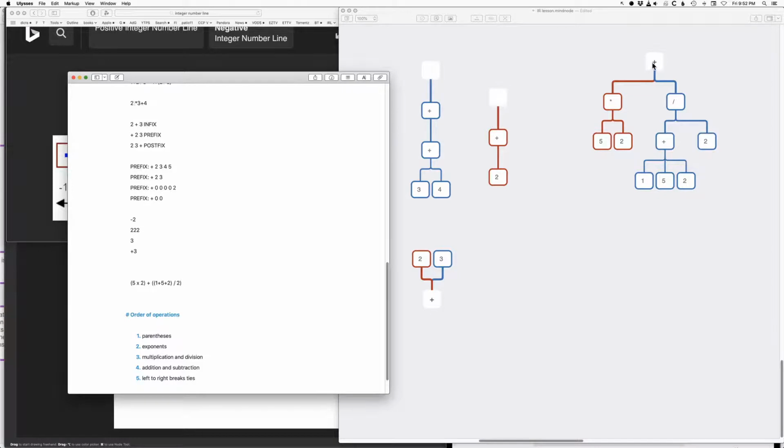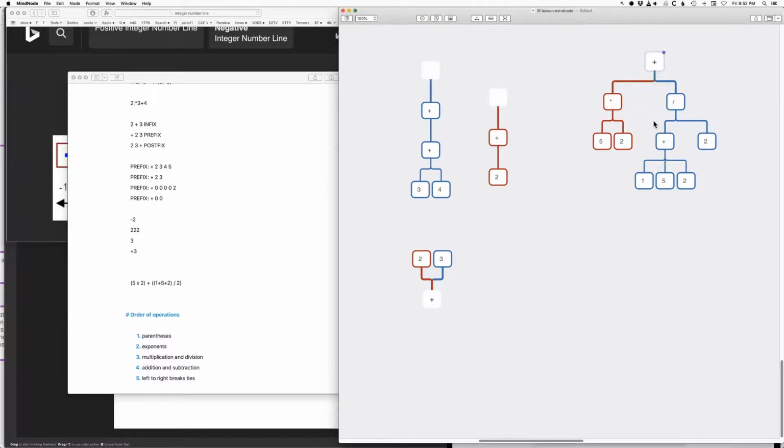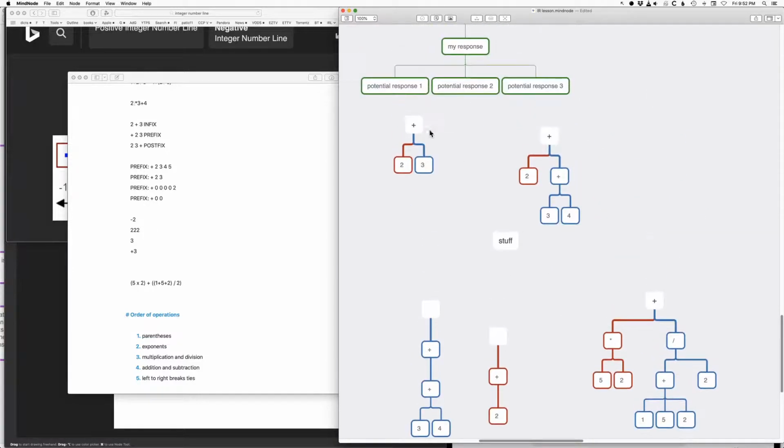Yeah, so no, the tree is not infix. It is prefix, because it's easier to see with a smaller tree. Like this one here, you can see it's prefix because we have the plus first as the parent, and then the numbers are the children. So that is like plus 2, 3, where the plus comes first.